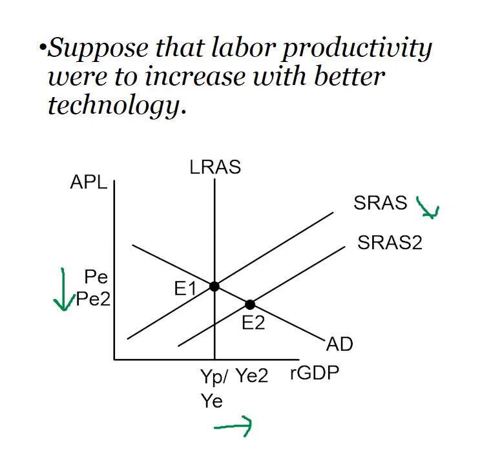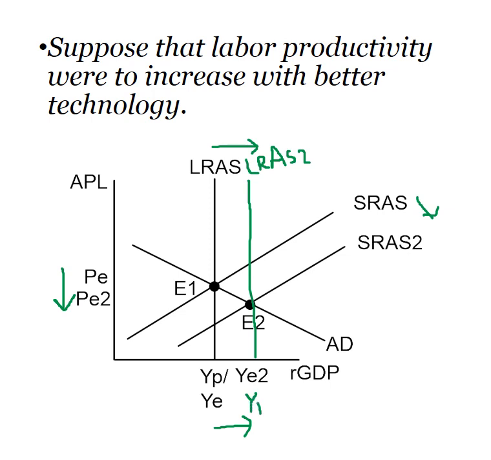You would just add an LRAS2, showing that not only are you more productive in the short run, but you're also going to be more productive in the long run. And wherever LRAS goes, YP goes as well.